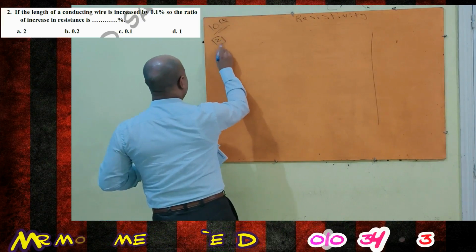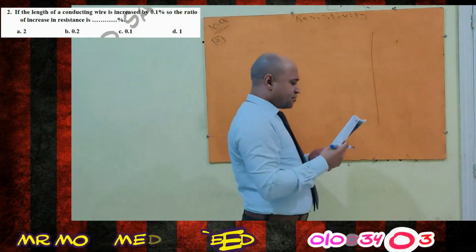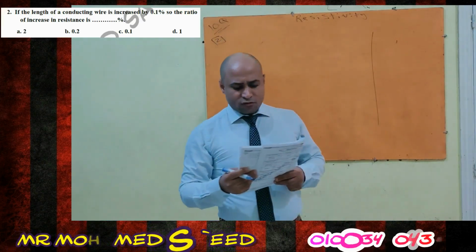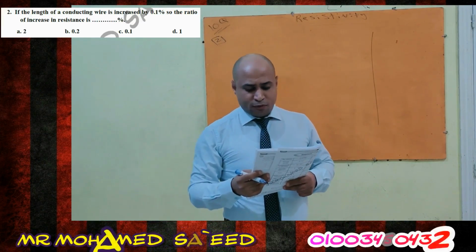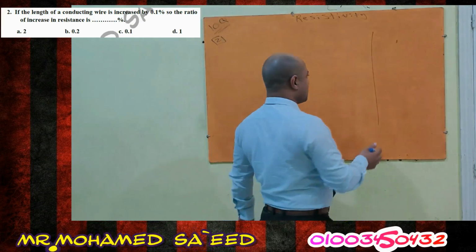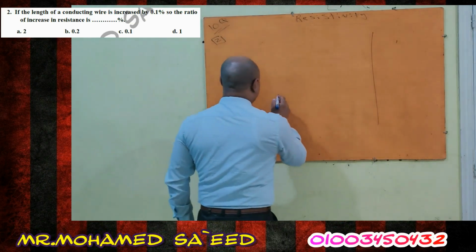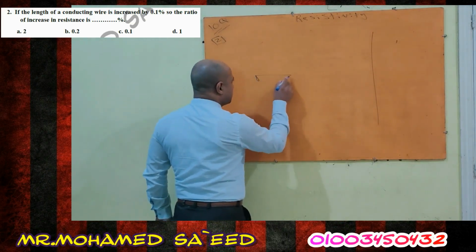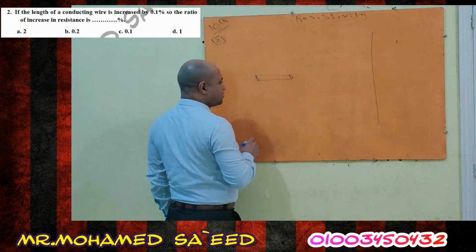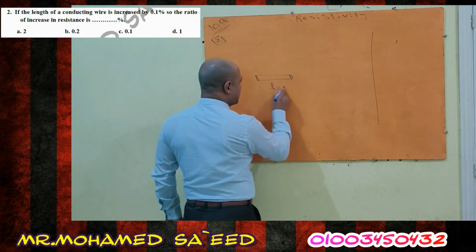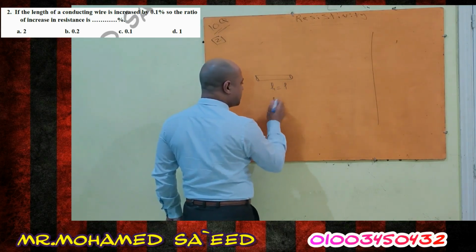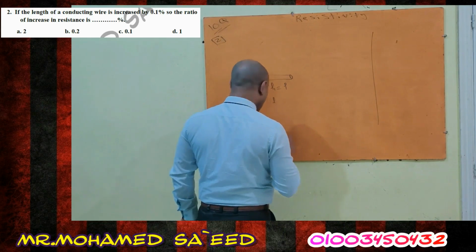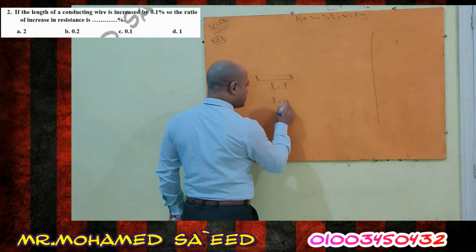Question number 2. If the length of a conductor wire is increased by 0.1%. For example, this is the wire, L1. For example, we can suggest that L1 equals 100 meters.